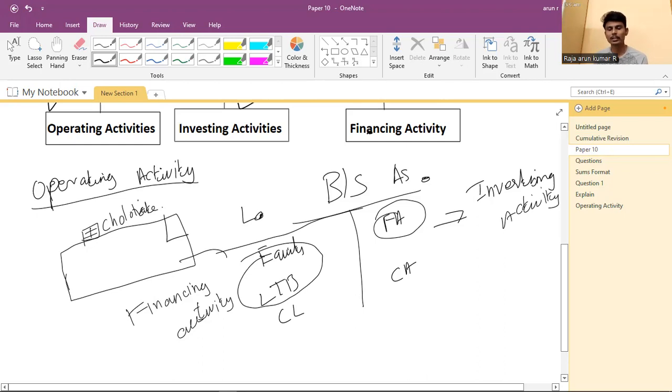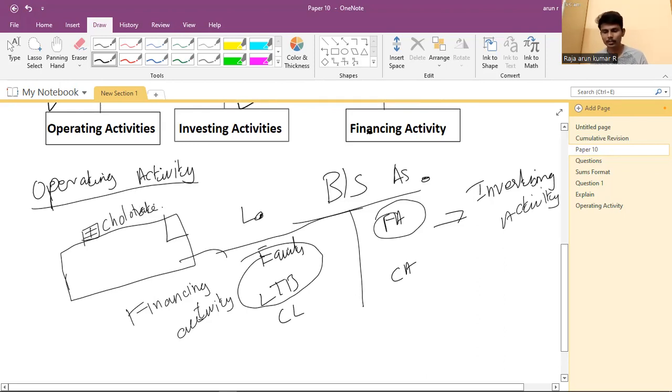Then in the balance sheet, fixed assets are covered in the investing activity, and the liabilities, owners' equity, reserves and long-term borrowings in the balance sheet come in the financing activities. The rest of all the other transactions come under the operating activity. We see this briefly in today's class also.